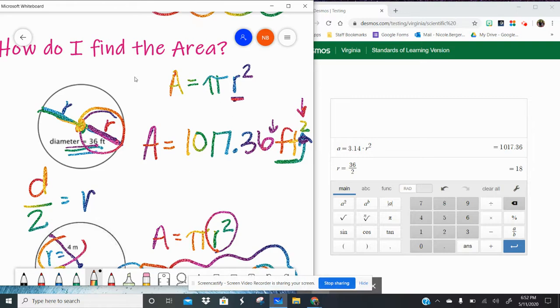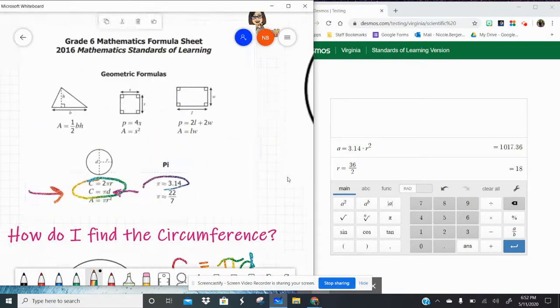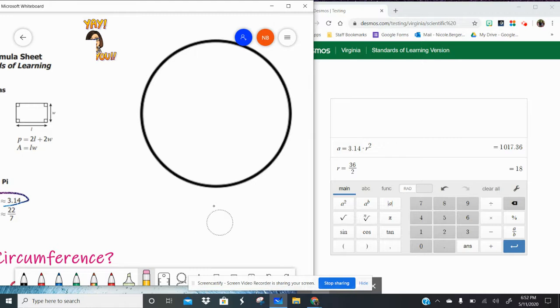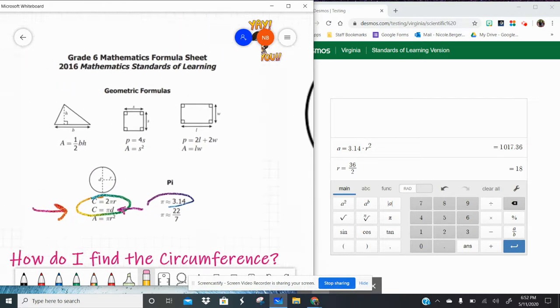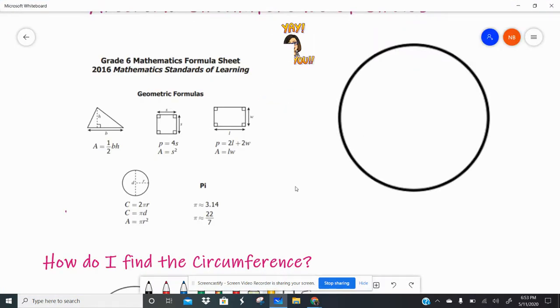With formulas, remember, you do not have to memorize that formula sheet. I'm going to give that to you. You're going to get it everywhere that you go. When you're taking an assessment, you will get that formula sheet, so you don't have to memorize these.